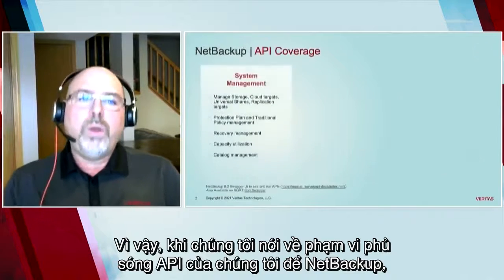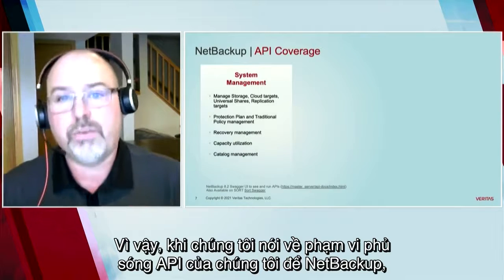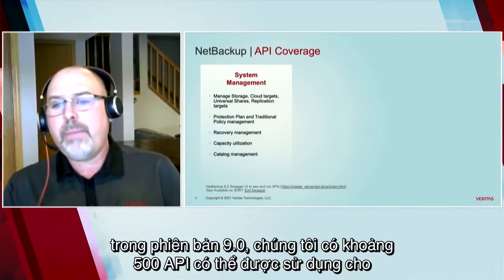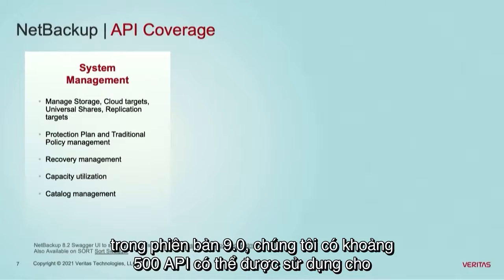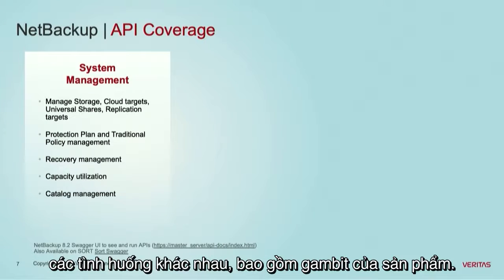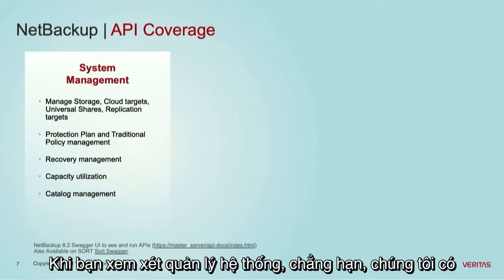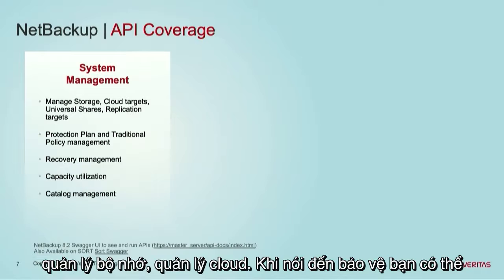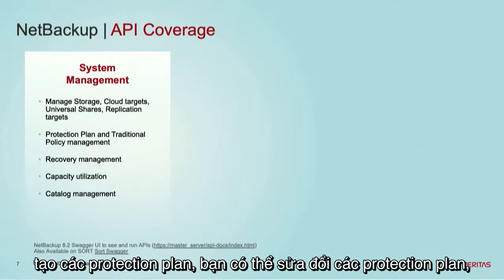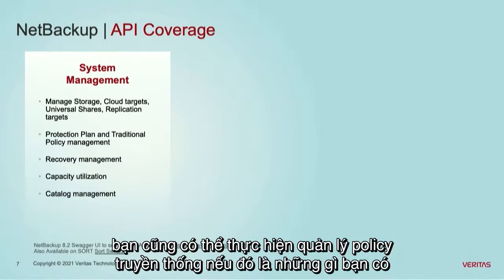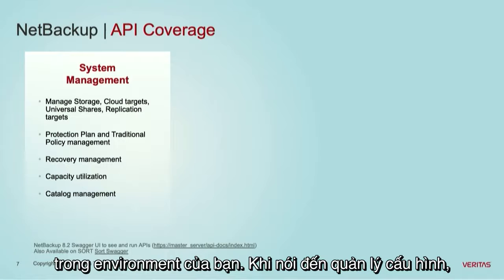So when we talk about our breadth of API coverage for NetBackup, in NetBackup 9.0 we have approximately 500 APIs that can be used for different situations. It covers the gamut of the product. When you look at systems management, for instance, we have managed storage and managed cloud. When it comes to protection, you can create protection plans and modify protection plans. You can also do traditional policy management if that's what you have within your environment.